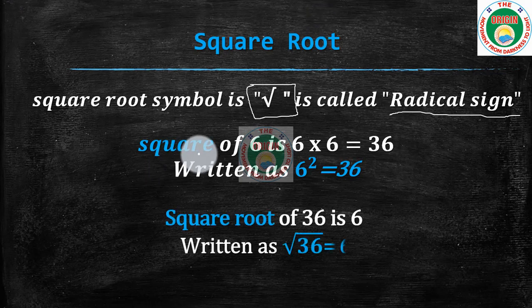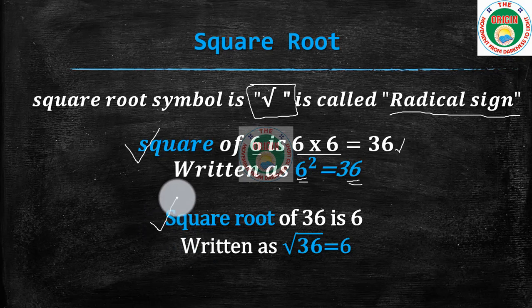Examples of square and square root are both given here. Observe: square of 6 is 6 into 6 equals 36. I took the same example for easy understanding. 6 into 6 is written as 6 square equals 36. That is about the square.